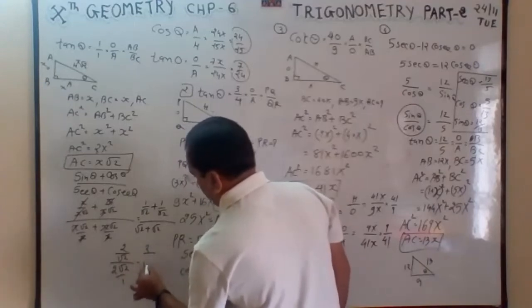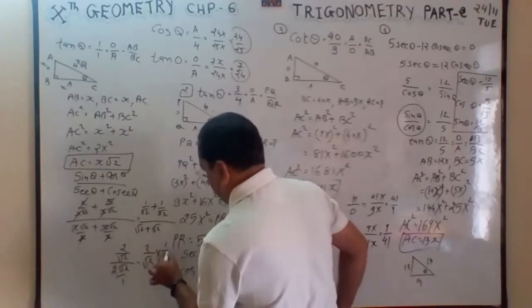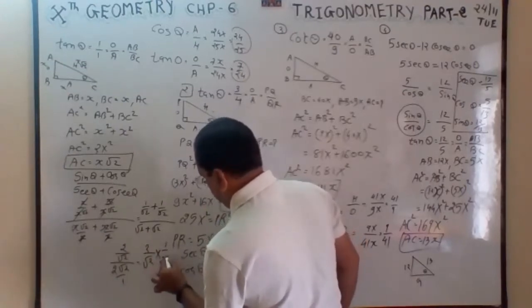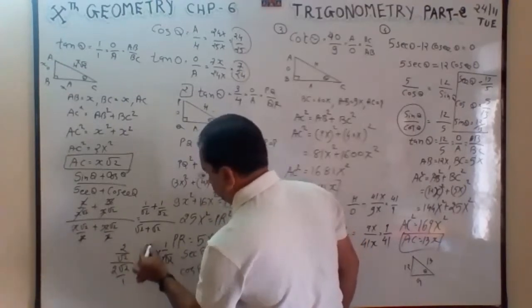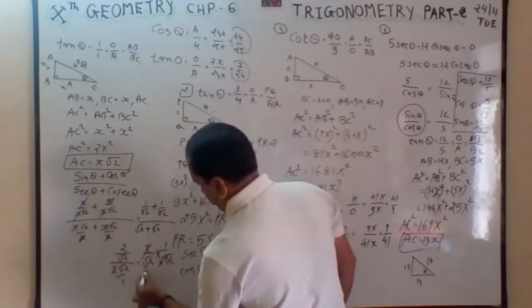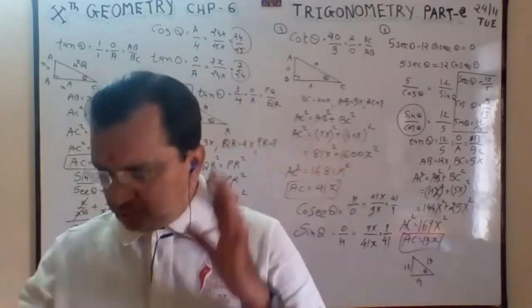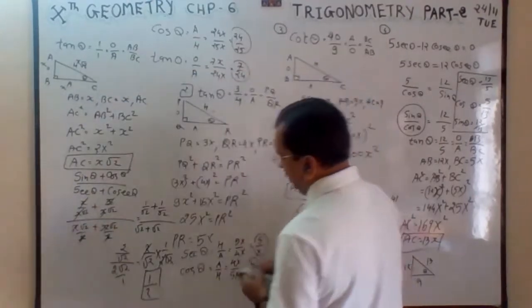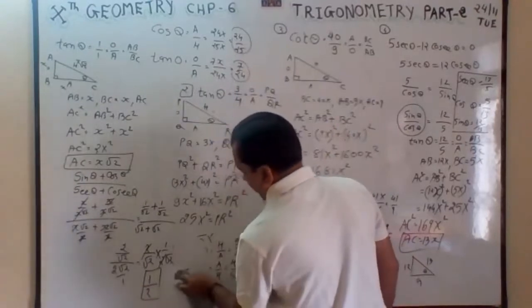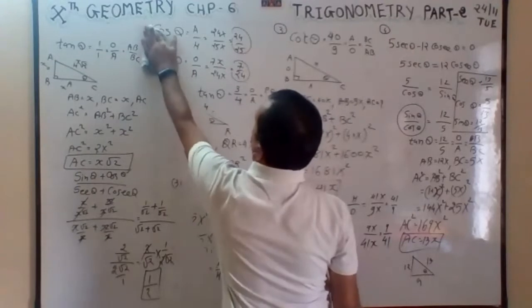So 2 by root 2 into 1 by 2 root 2. The 2 cancels. 1 by root 2 into root 2, 2. Final answer is this. This total sum you can do in a very short and sweet way, but for that you need trigonometrical value knowledge.